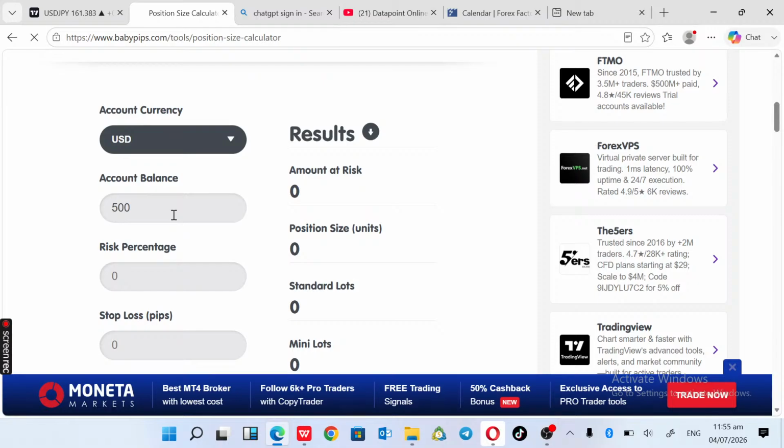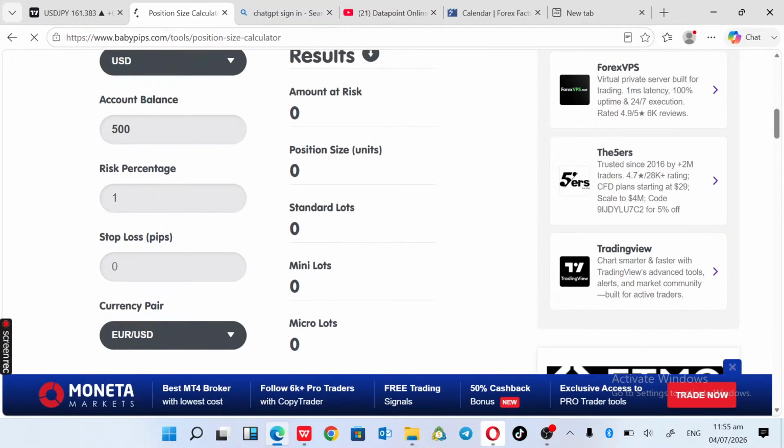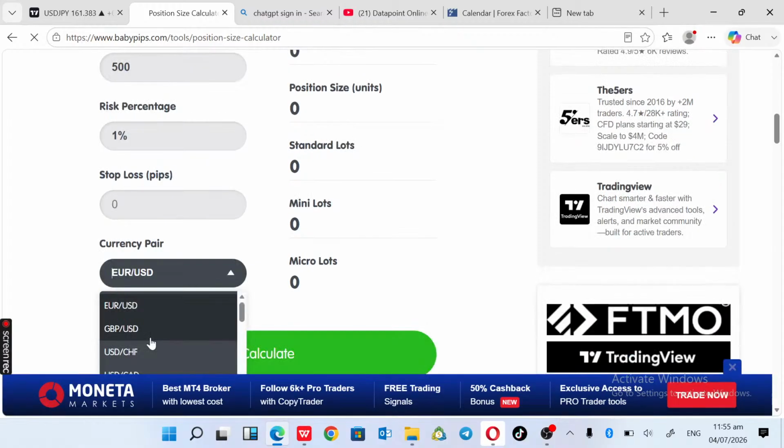Now you will go and put your stop loss pips. Let's take a pair, let's say a USD pair. Let's say we're using GBP/USD. Then, okay, let's use USD/JPY since I'm already on that page.